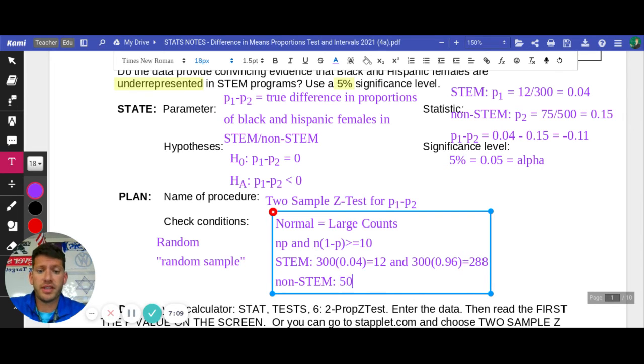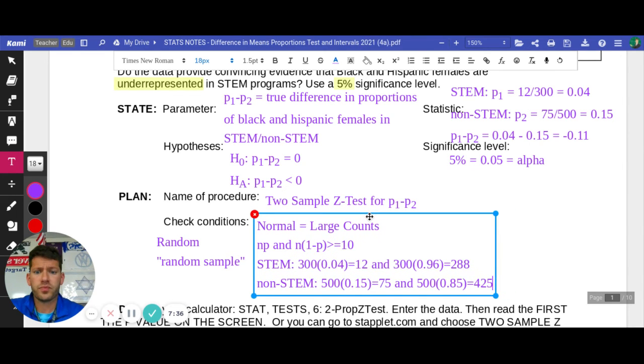For non-STEM, we take 500 people times 15% that were Black or Hispanic females, and that gave us 75. And 500 multiplied by the remaining 85% gives us a larger number, 425. So we are okay to assume that it's normal.